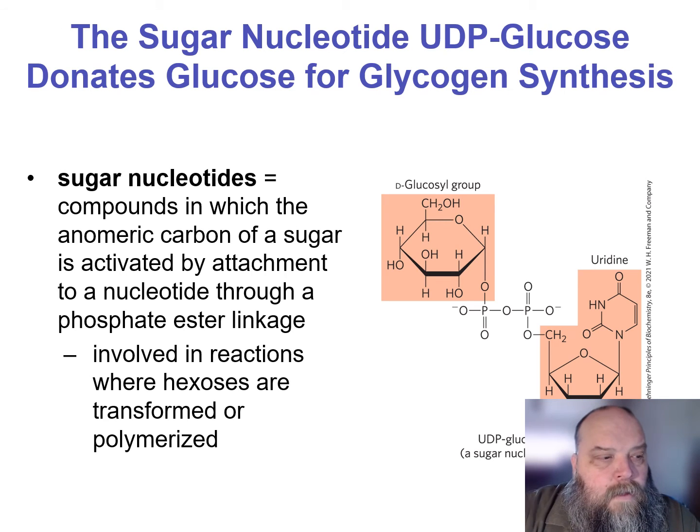Now, when it comes time to make glycogen, well, the cells, the liver and the muscle, don't take glucose straight from the bloodstream, add on an inorganic phosphate, and just reverse what we just talked about, linking it together that way.